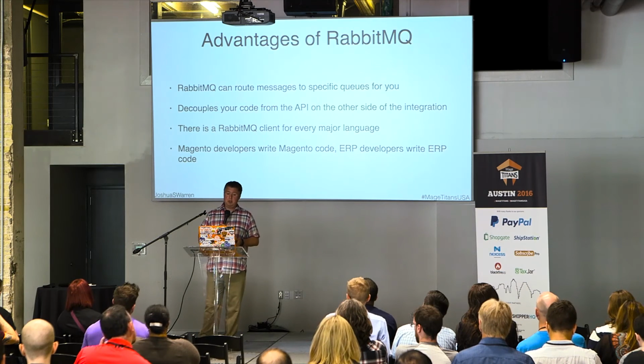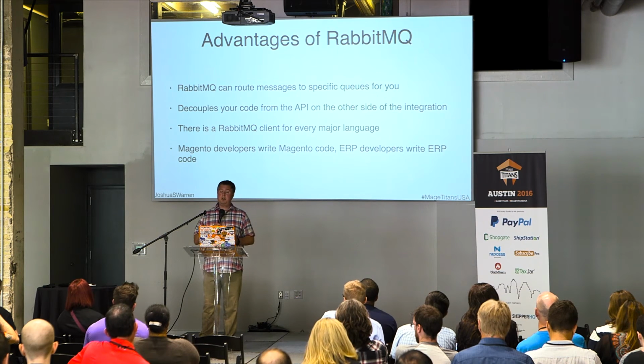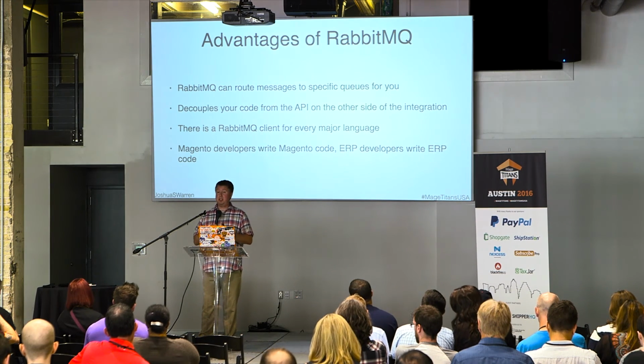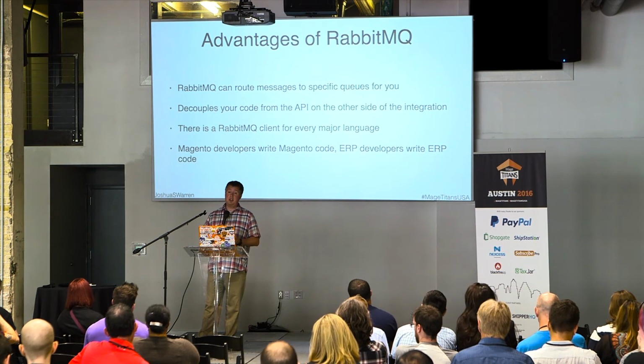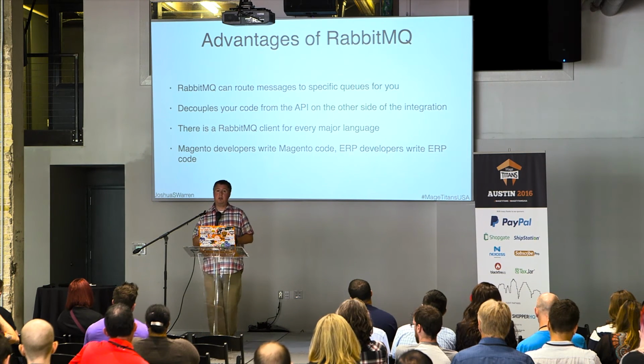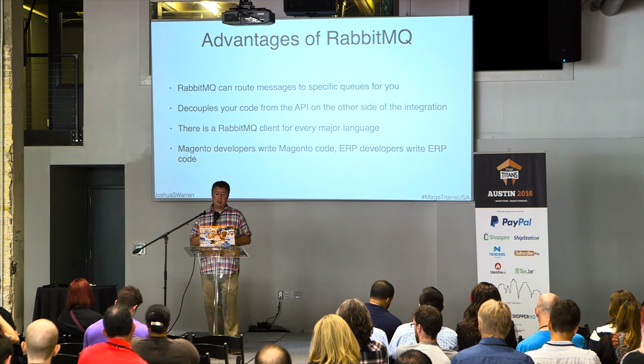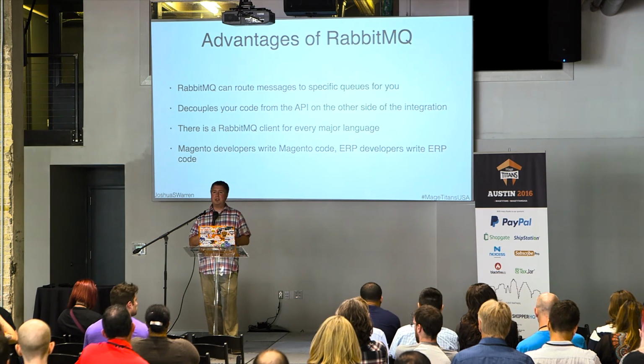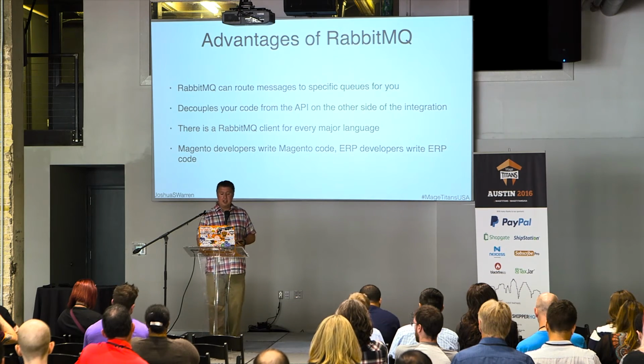There's also a RabbitMQ client for every major language. So if you have a project on the other side of that integration that is in pretty much any language you can think of, there's a native client for RabbitMQ. So it can connect to just about anything. And then one thing that I've really enjoyed, and the team members that have used this so far have really enjoyed, is that as Magento developers, we write Magento code, and ERP developers on the other side write the ERP code.